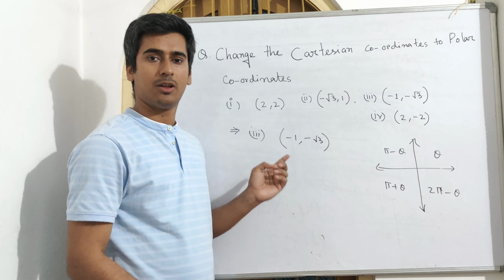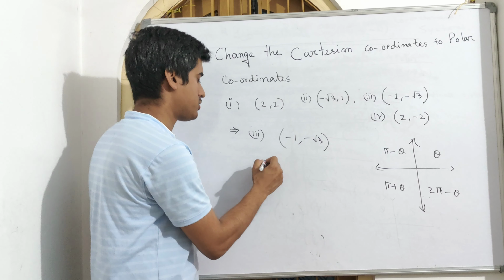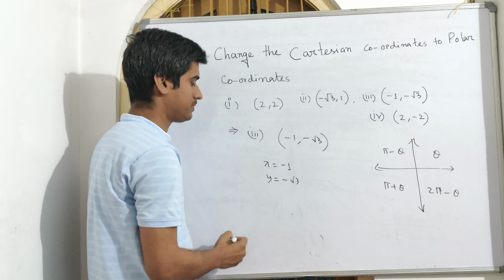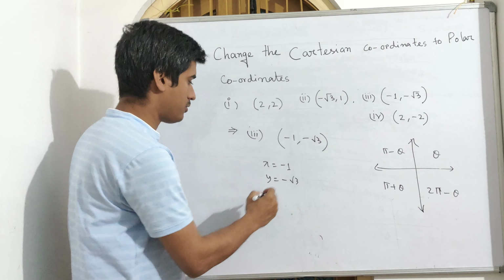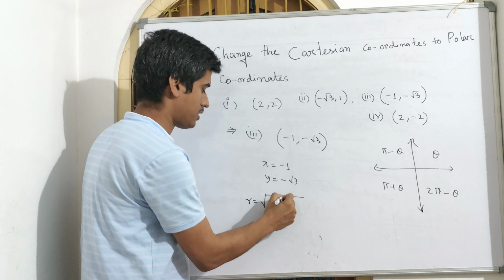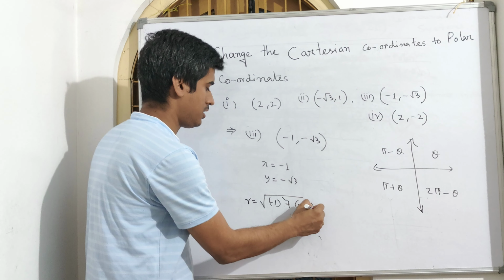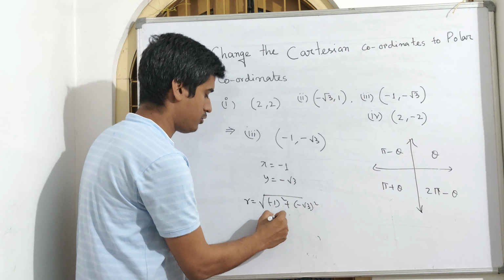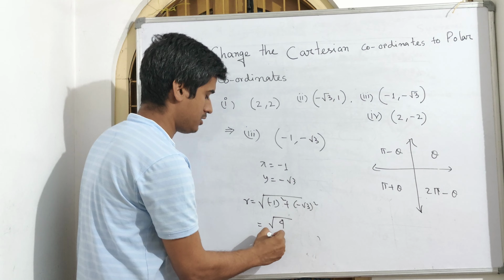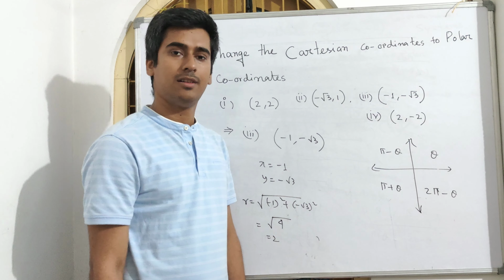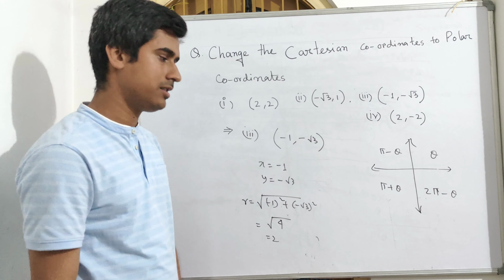Now we will solve the third one. Here x equals minus 1, y equals minus root 3. So r equals root over minus 1 whole square plus minus root 3 whole square, that is root over 4, that is 2. And here the point is in the third quadrant, so the angle will also be in the third quadrant.